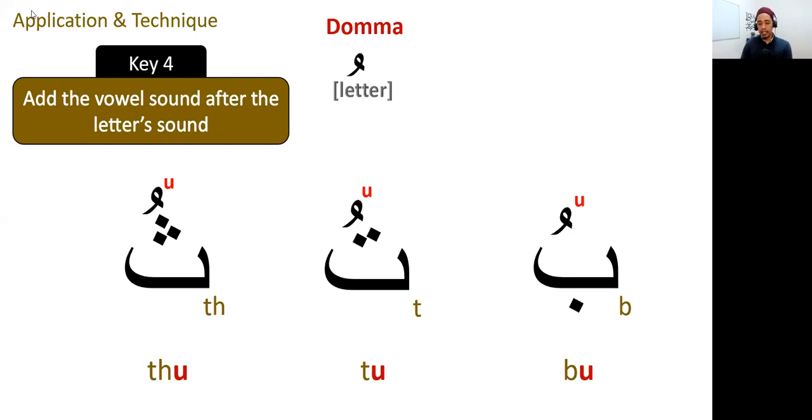But if you do it like this, it will give you more confidence as you practice, because you really know what you're doing every step of the way. So does everyone understand this key? Everyone with me so far? Anyone have a problem with it? Okay, excellent. Alhamdulillah.